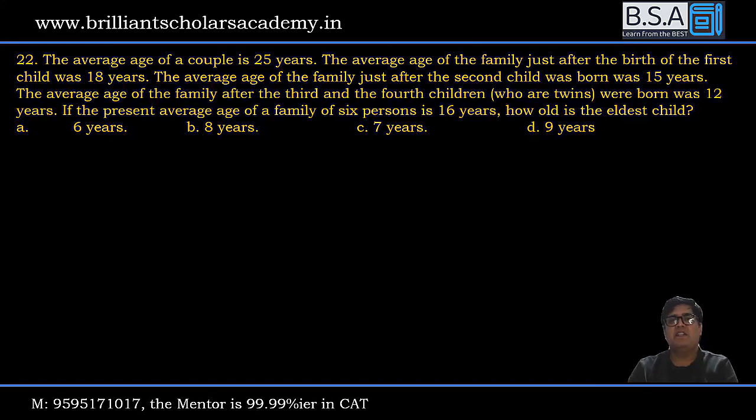The average age of family just after the birth of second child was 15 years. The average age of family after the birth of third and fourth children, who are twins, was 12 years. The present age of the family of six is 16 years. Average age is 16 years. How old is the eldest child?